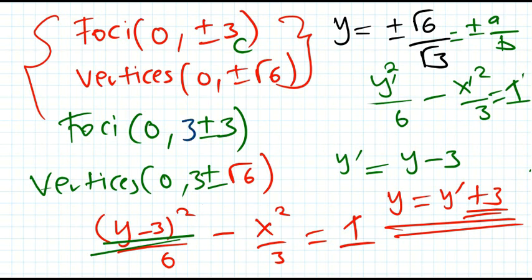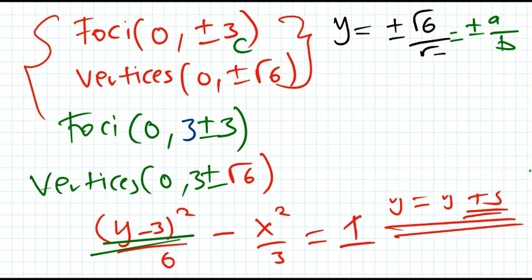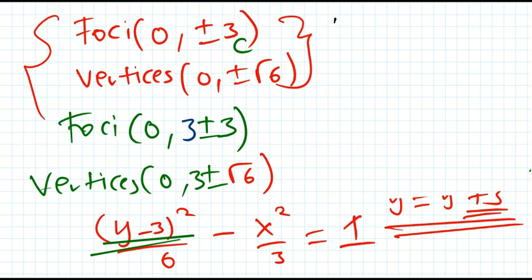So 3 plus or minus 3, which of course will give us two values there. One is going to be 0 comma 0, and then one is going to be 0 comma 6 for the foci.